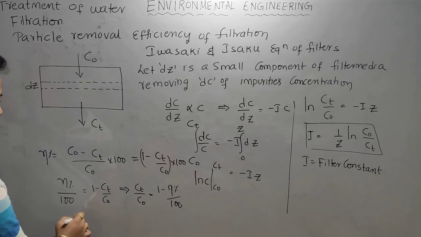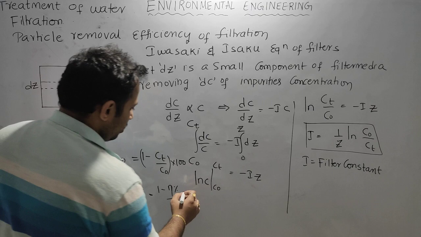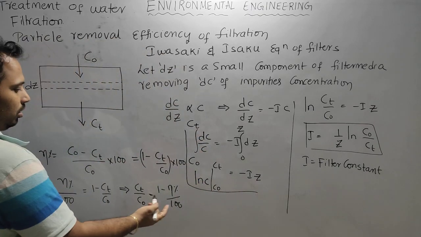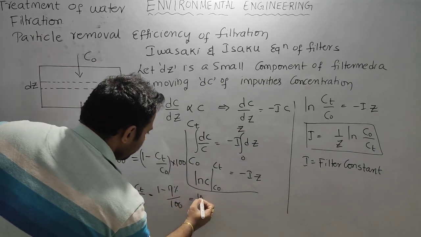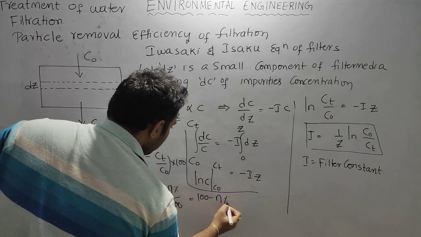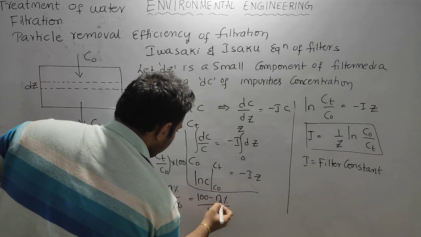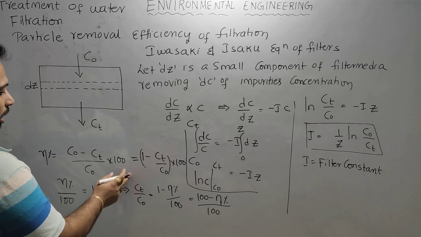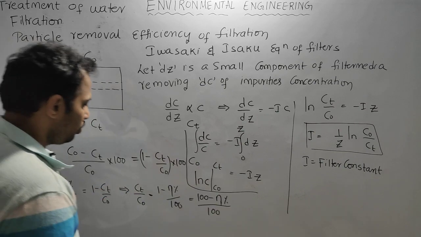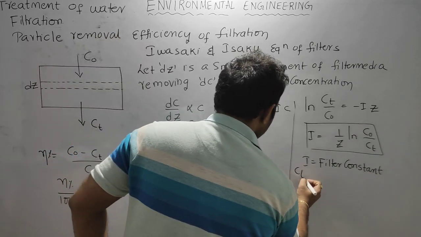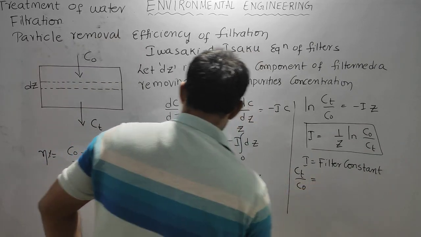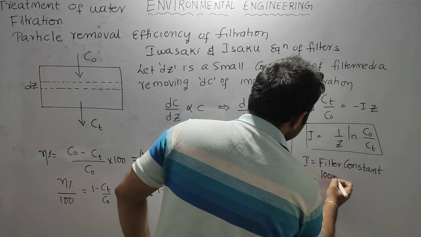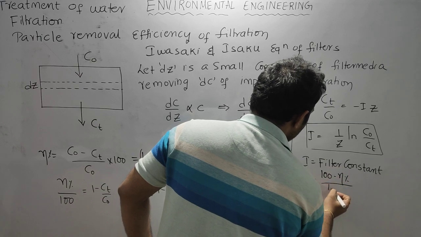Okay, that means Ct by C naught is equal to 100 minus efficiency percentage by 100.